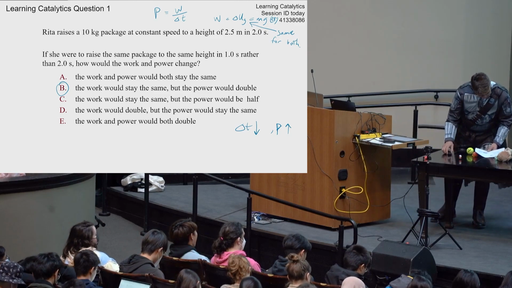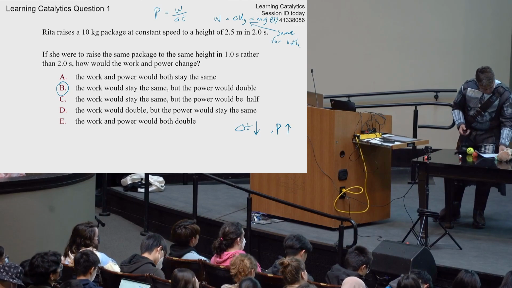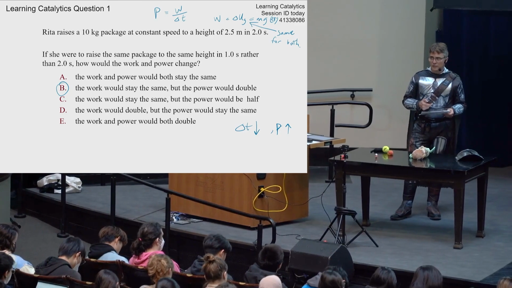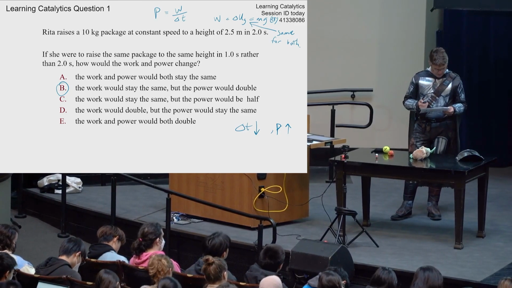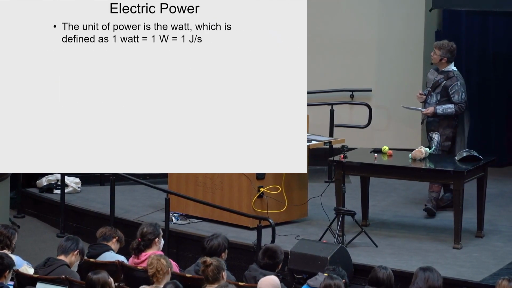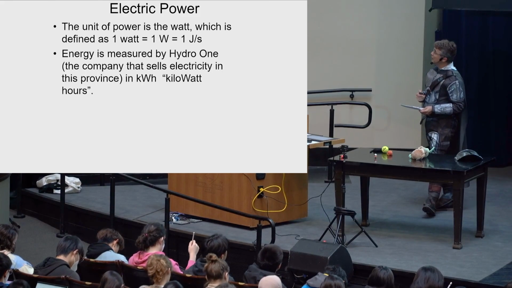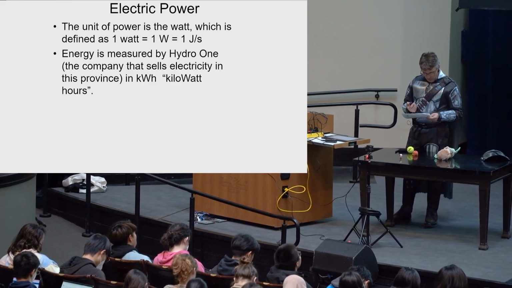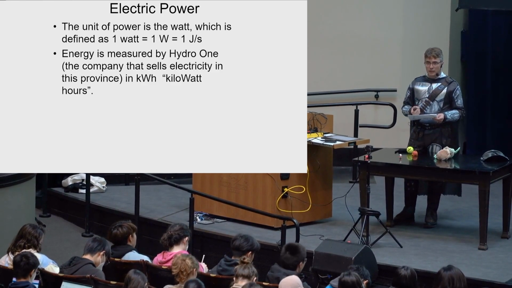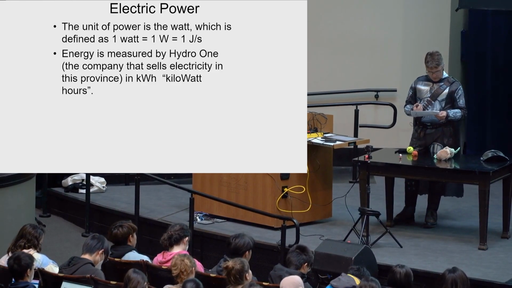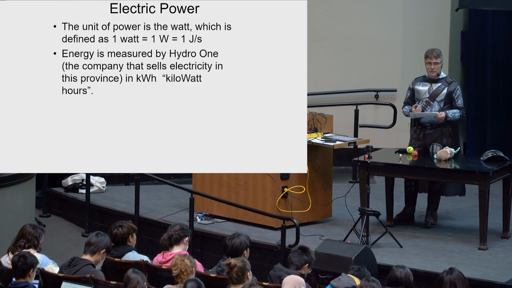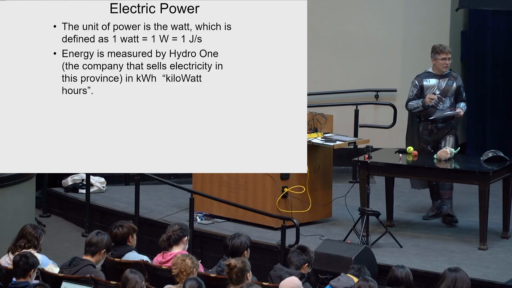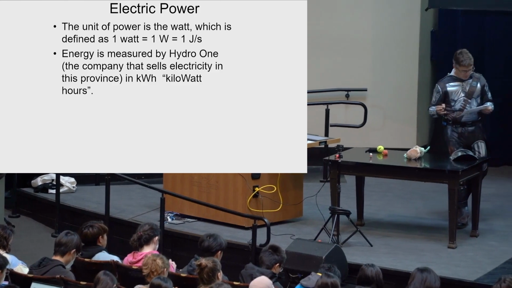You sometimes hear about electric power, and we'll talk a little bit more about that. Professor Harlick will talk more about that in Physics 132 when she's teaching electricity and magnetism next semester. But a watt is a joule per second. If you look at your electricity bill, you see that you're getting charged for kilowatt hours, or kWh. That's a non-SI unit of energy, and it means some number of joules.